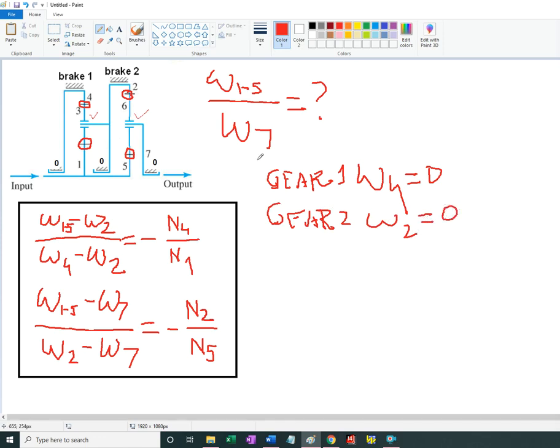Alright, so for first gear, you make omega 4 equals 0. You go ahead and say just this, so I have the 0, and I'm going to eliminate omega 2 between the two and ultimately get, working with these fractions, this one ratio in terms of number of teeth. And then for gear 2, I'm going to make omega 2 equals 0.